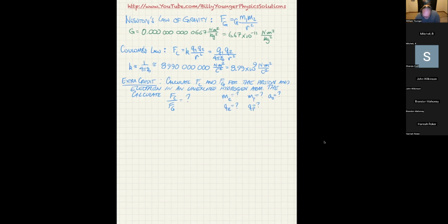I will tell you that the magnitude of the charge of the electron or the proton is listed as a symbol E, and its value is 1.602 times 10 to the negative 19th coulombs. A coulomb, by the way, is a really big unit.